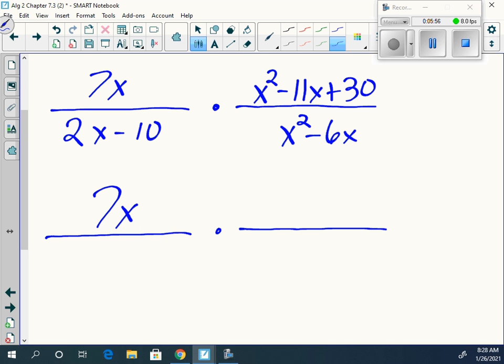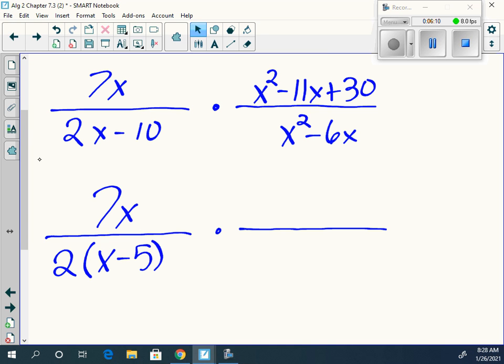No, you're good. Because if we look at the 2 and 10, if there was an x between both of them, we could factor that out. But 2 and 10 have a greatest common factor of 2, so we can factor that out. There's not an x in common, but since there is an addition or subtraction, they split the two terms apart, so we can look at them individually.